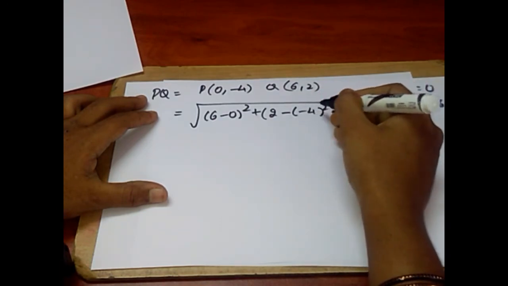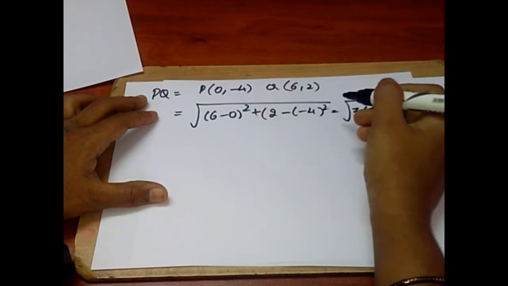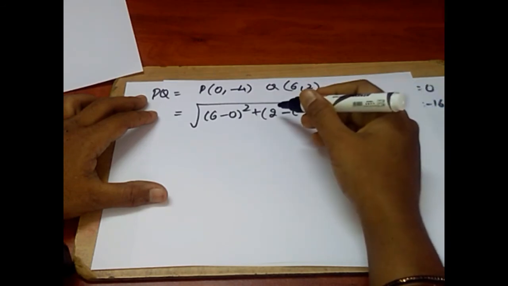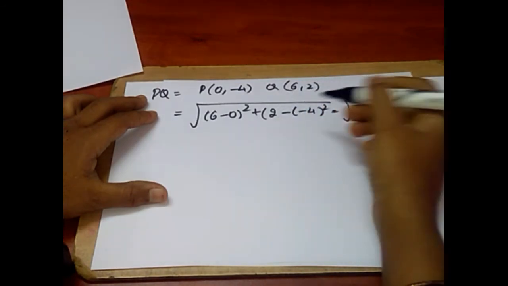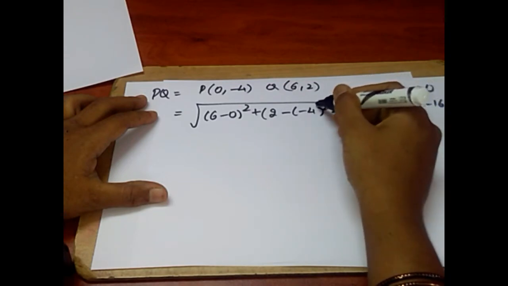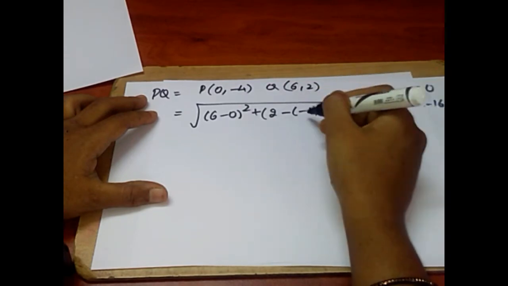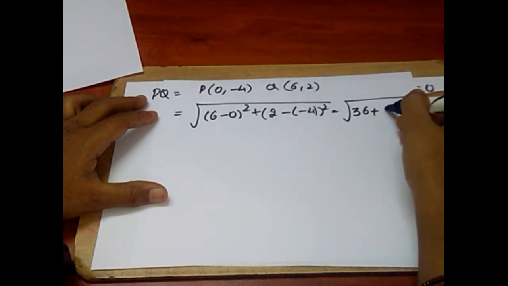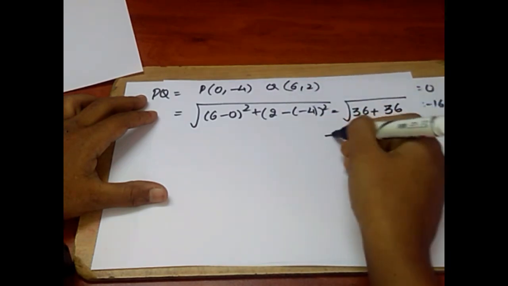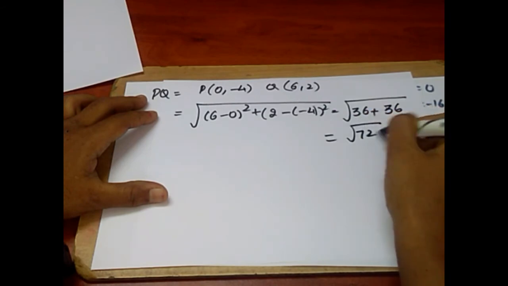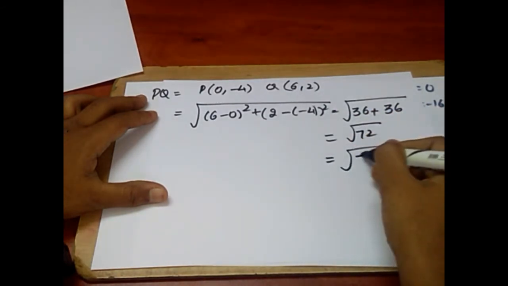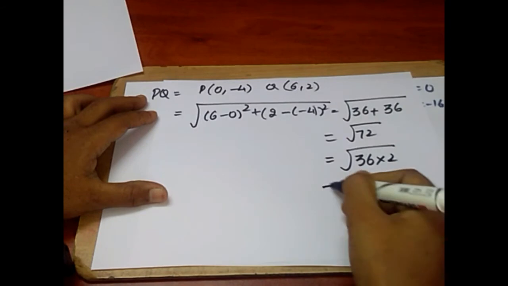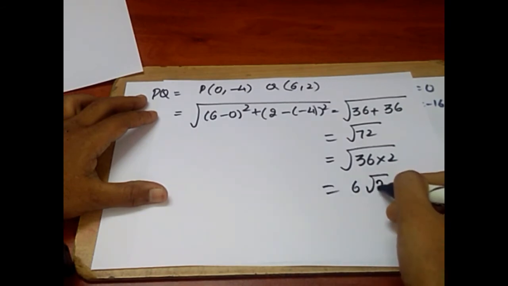Here 2 minus (-4), minus into minus is plus, 2 plus 4 is 6, 6 square is again 36. So 36 plus 36 is equal to square root of 72, that is 36 into 2, hence the measure is 6 root 2.